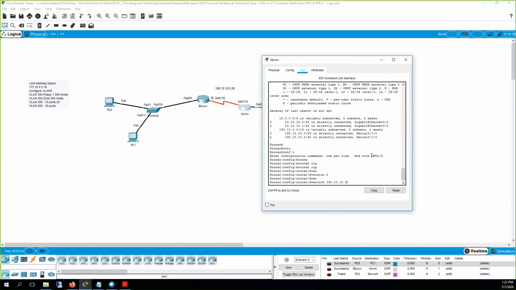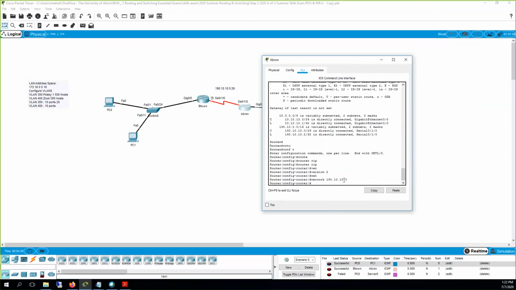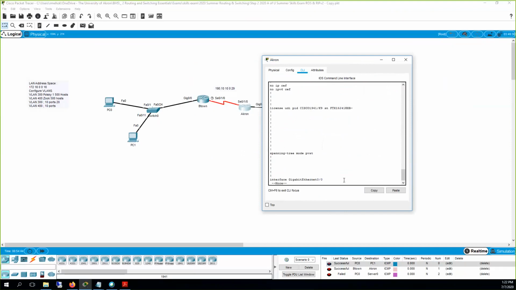Remember, I did 190.10.10.10. Once we do show run, it's going to be the classful network. So it's a class B. It defaults to 0.0 in the 3rd and 4th octet.